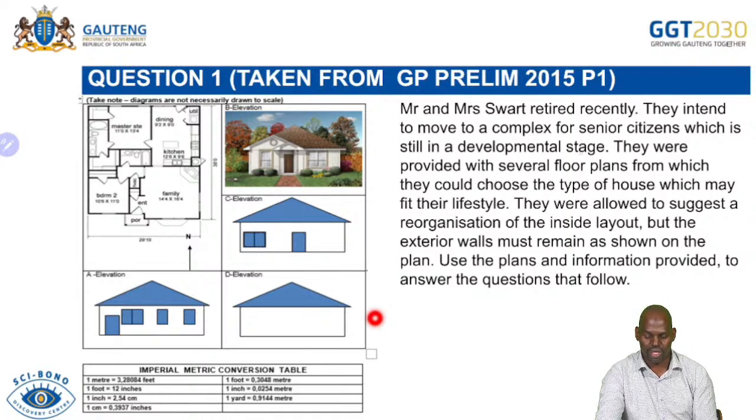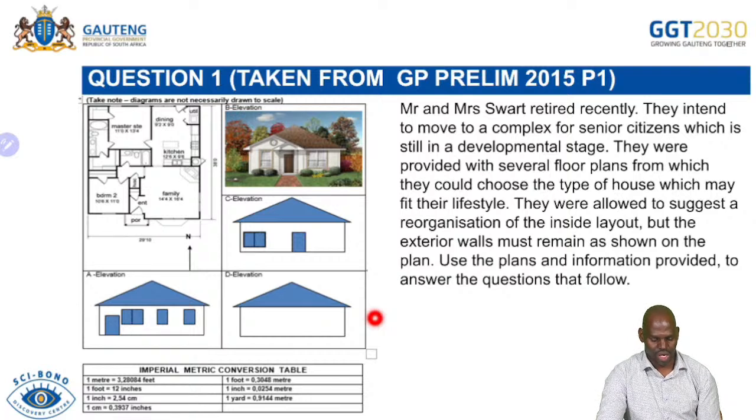So it means they are still building it. They were provided with several floor plans from which they could choose the type of house which may fit their lifestyle. They were allowed to suggest a reorganization of the inside layout, but the exterior walls must remain as shown on the plan. Use the plans and information provided to answer the questions that follow.